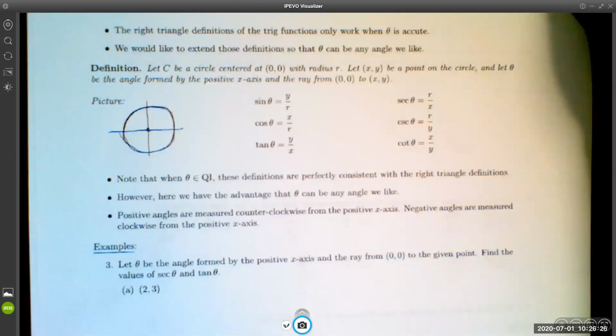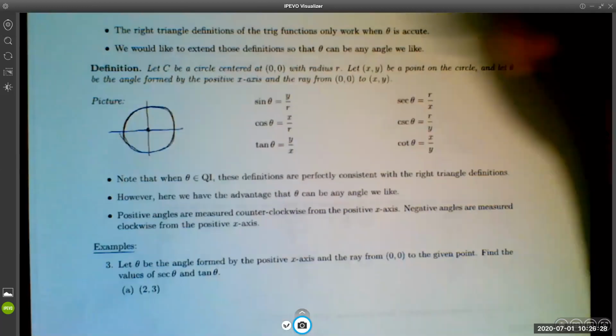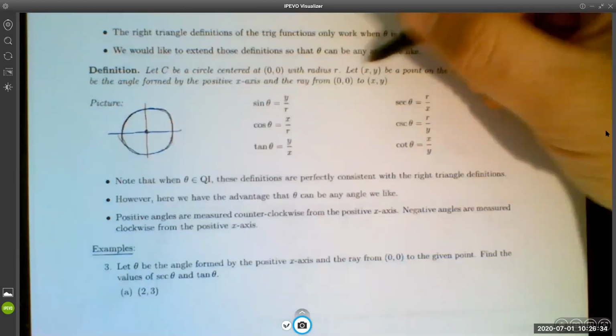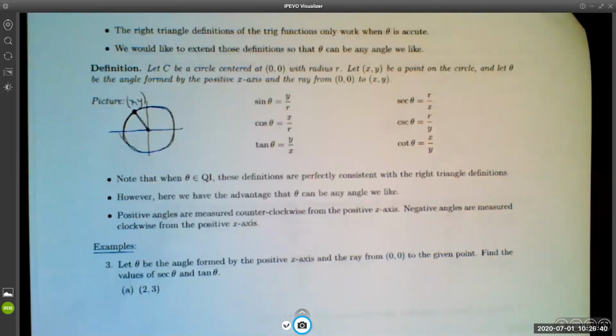x, y is just supposed to be some arbitrary point on the circle, and r is that distance, that radius. Theta is supposed to be the angle formed.